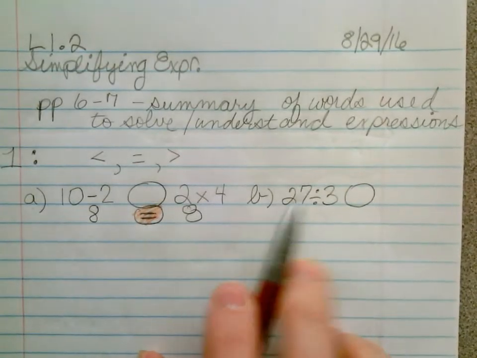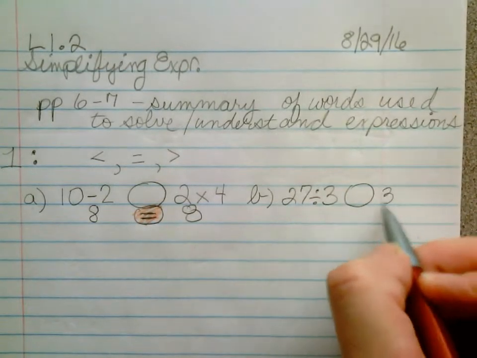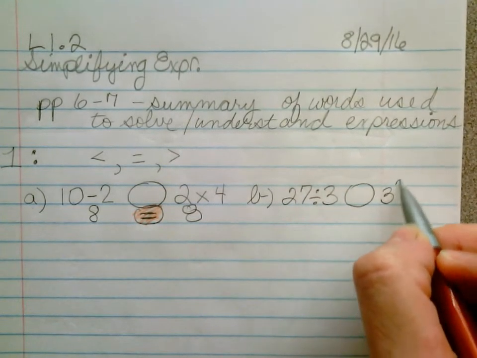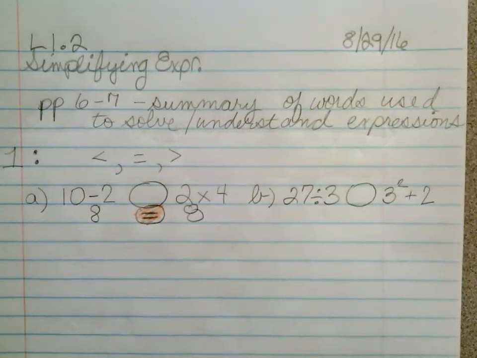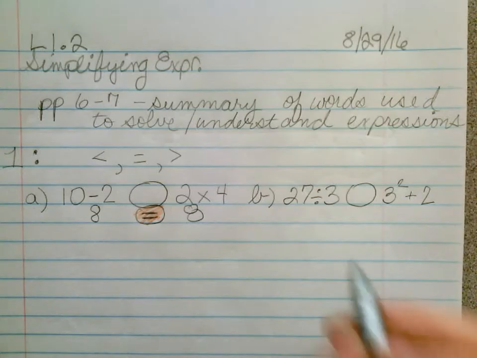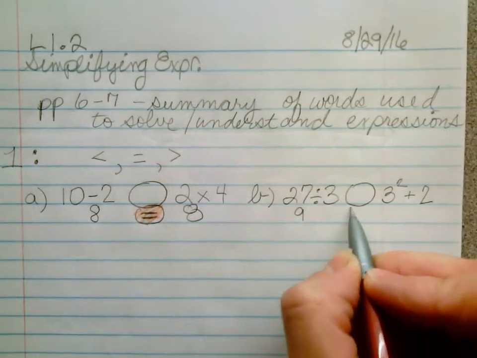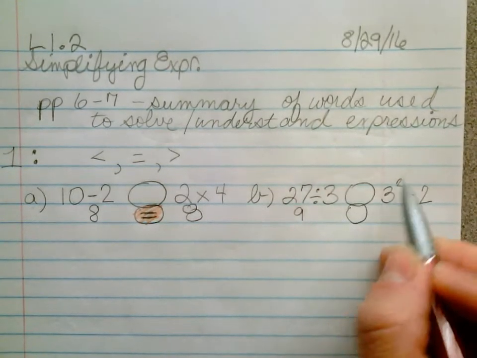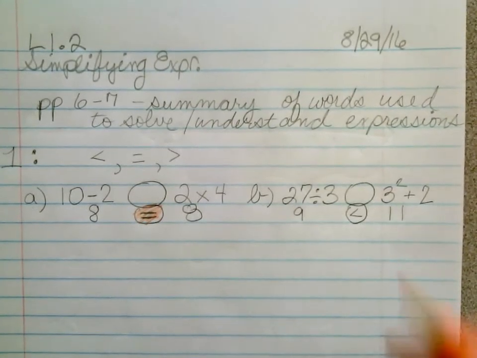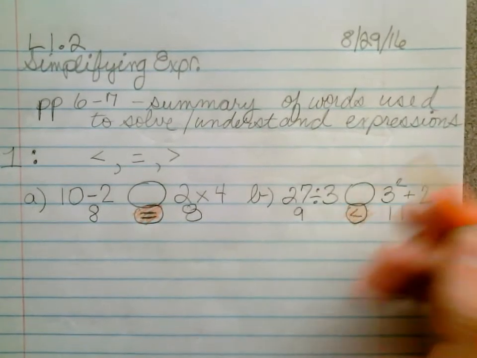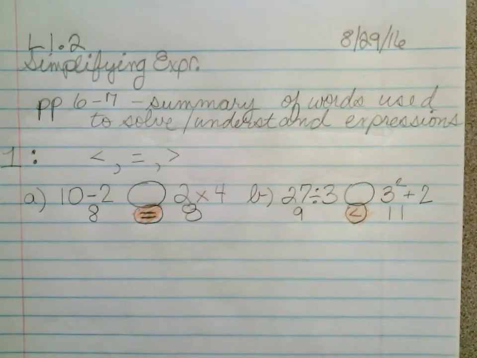Comparing the quotient of 27 and 3 with the sum of 3 squared and 2. Notice I used all those words that you could see here in your definitions, and that's how you're going to see things phrased. So it looks like 9 compared to 11, and we're going to end up with a less than symbol. They didn't include less than or equal to, greater than or equal to. You guys know how to use those, and those will come up soon.